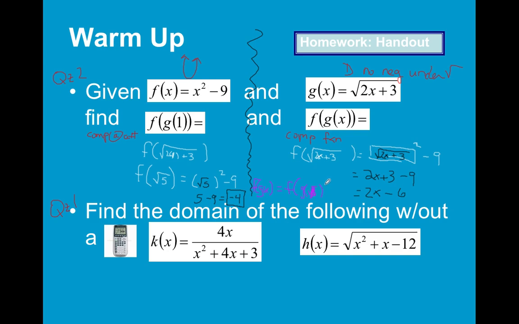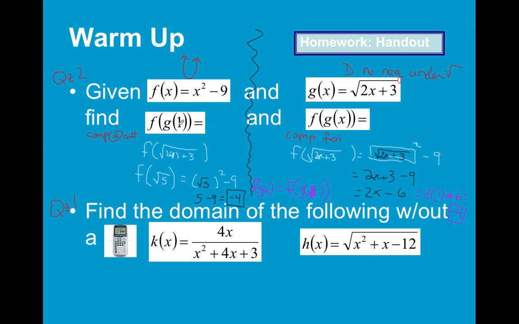f of g of 1, you go to the rule for f of g of x, and I plug in 1 for x, and shocker, what do I get? The same thing.